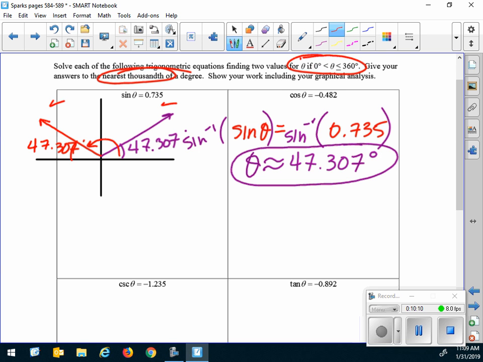How do I find that red angle? Now, see on your calculator, can't you just do 180 minus answer? So we don't even really have to store it. We can do 180 minus answer since we're using it immediately. So what's my other angle? There are your two angles right there.